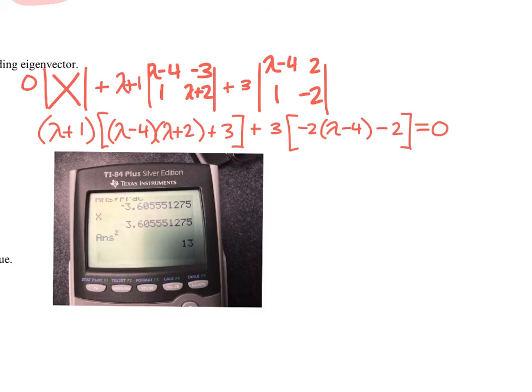Now I want to see if there are even more solutions. So let me try something negative. That's a lovely looking answer. I don't know what that's equivalent to. If it's a clean number, maybe it'll math frac. But you should not really be expecting this to math frac, because the calculator is really working with an approximation technique to come up with these solutions.